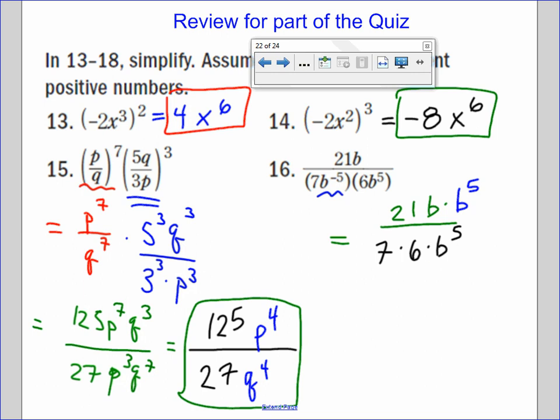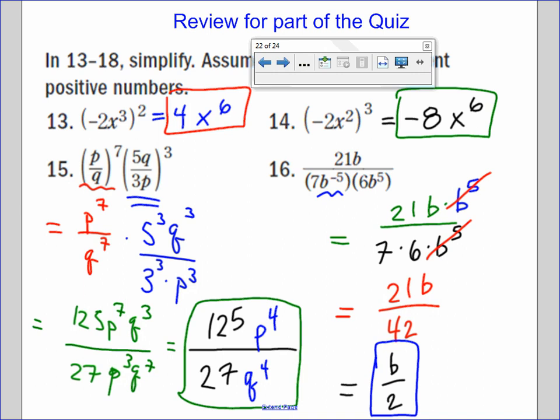So it looks like my b to the 5th and b to the 5th cancel each other out, and I get 21b over, and then 7 times 6 is 42, which will result in a common factor of what? 21, so 1, so b over 2. Is that it? Yep. Awesome, you guys.